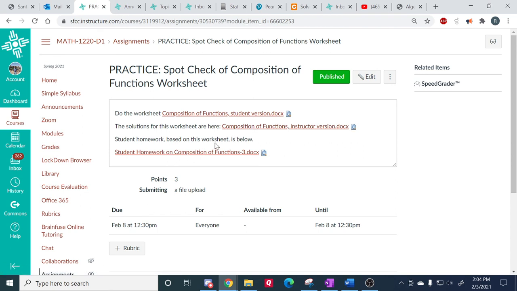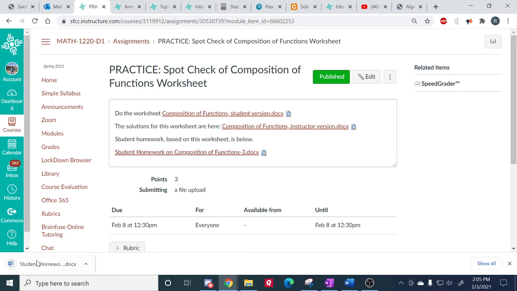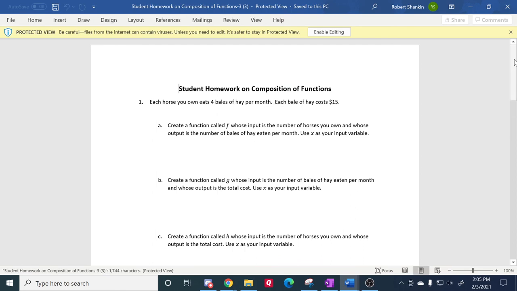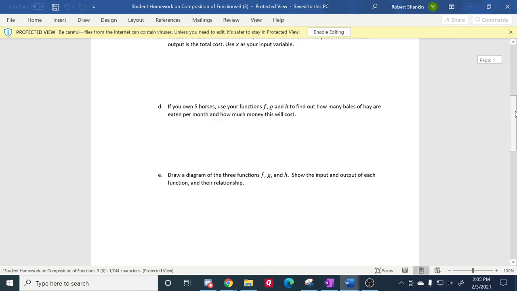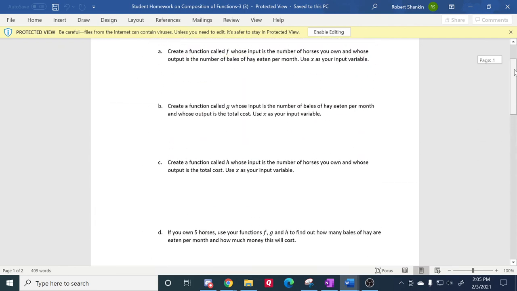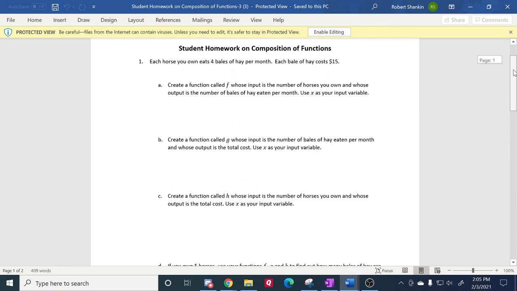And then the homework based on this worksheet, and you upload this, student homework, on composition of functions.